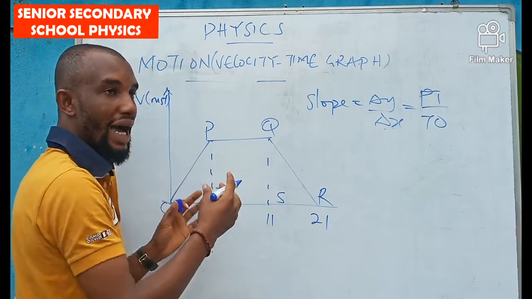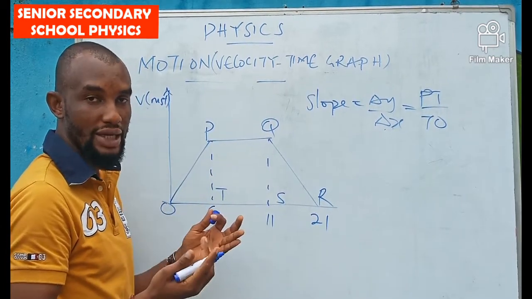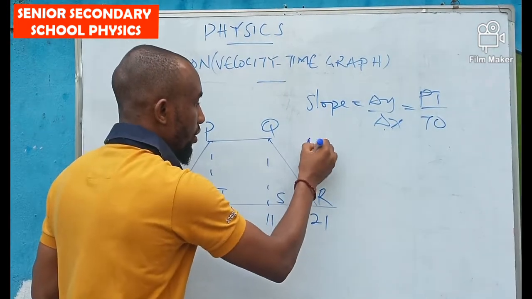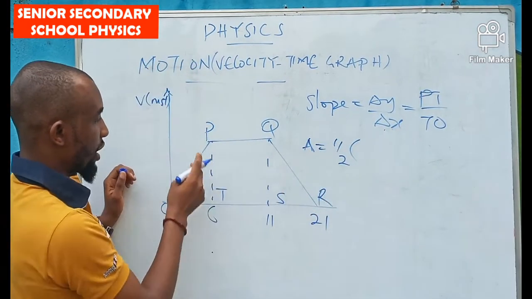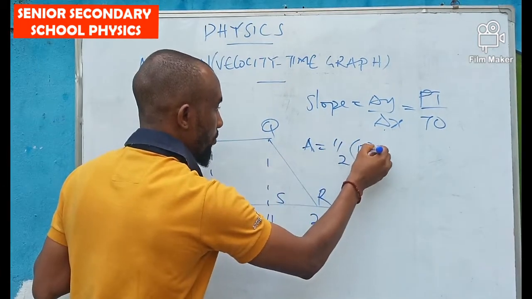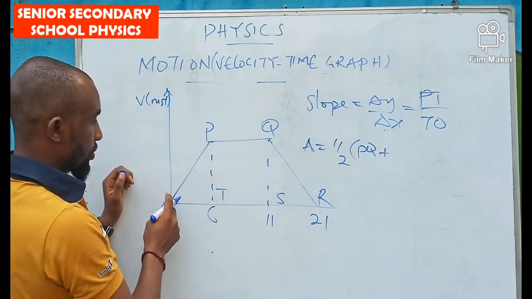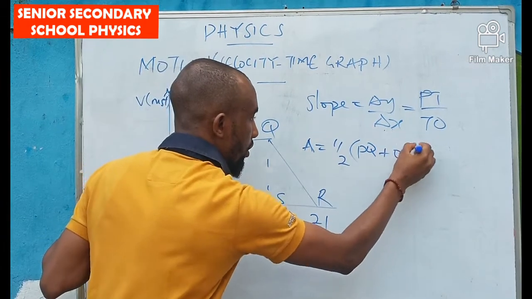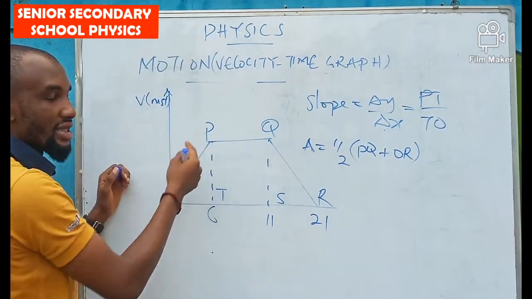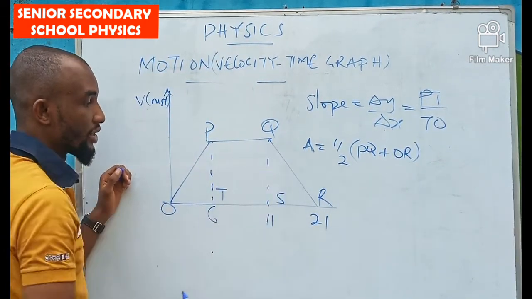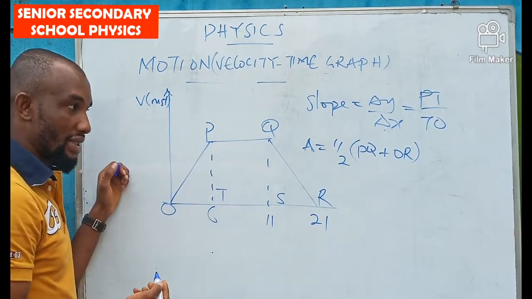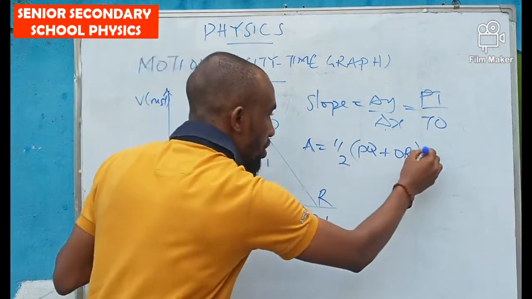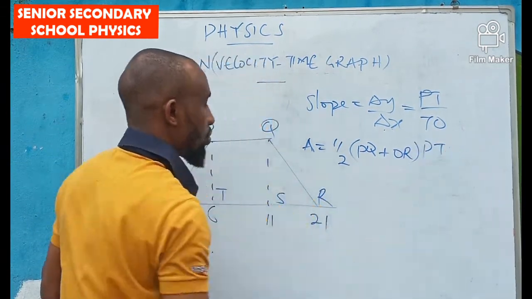This is a trapezium, and the area of a trapezium, we all know, is half in brackets, the summation of the two parallel sides, PQ plus OR, then multiplied by the distance QS, which is equal to PT. So make use of PT. That's what we are going to be having.